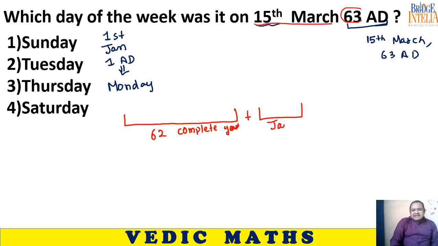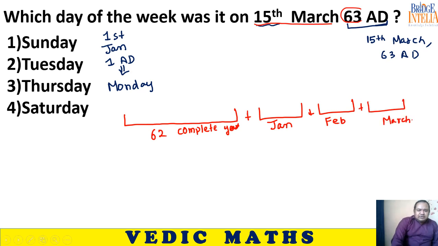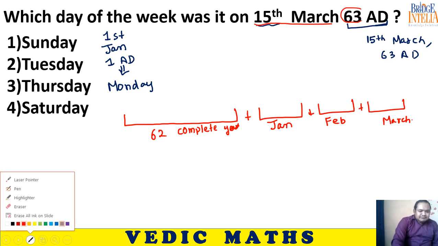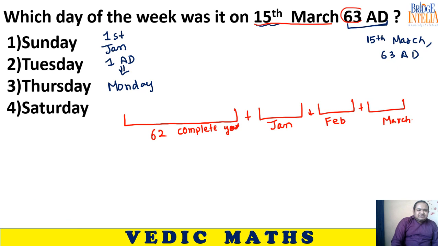So first entire January is gone, then entire February is gone, and then some days from March. This is what you have to count. Counting starts from 1st January 1st AD and stops on 15th March 63 AD.